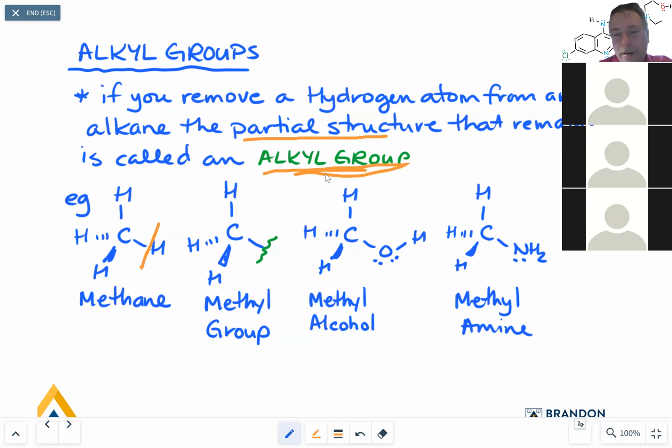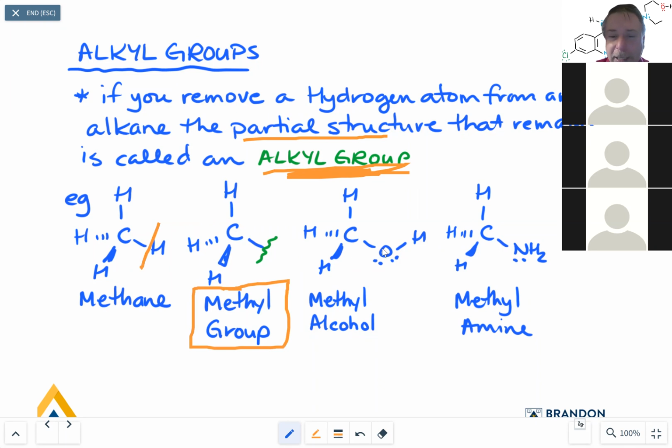And this is the important part of this lecture. So if you remove a hydrogen from methane, you get the CH3 group, which could be attached to anything. It could be attached to oxygen, nitrogen, or lithium. This becomes the methyl group itself.